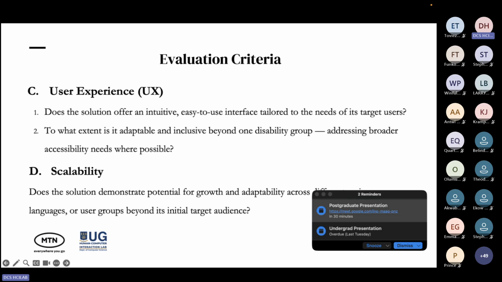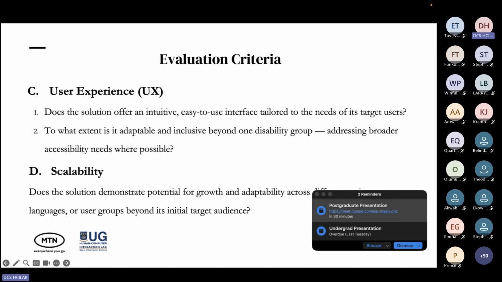Does your solution offer an intuitive, easy to use interface that is tailored to the needs of its target users? And to what extent is it adaptable and inclusive beyond one disability group? That means if you can provide a solution that addresses broader accessibility needs, then please go ahead. We'll also be looking into scalability.